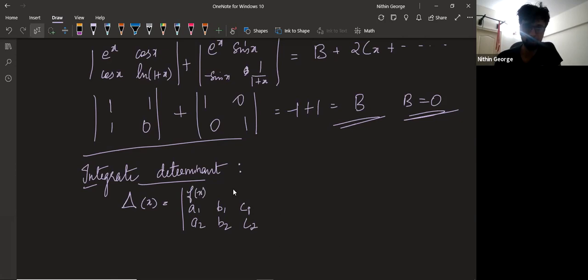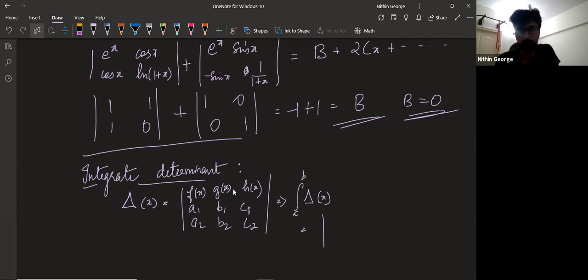So you have functions of x, f of x, g of x, and h of x. If you're trying to integrate the determinant from a to b, you integrate f of x from a to b, you integrate g of x from a to b, you integrate h of x from a to b, with rows a1, b1, c1, a2, b2, c2.